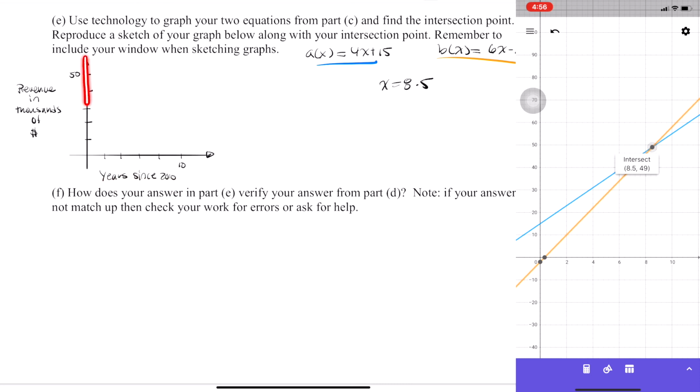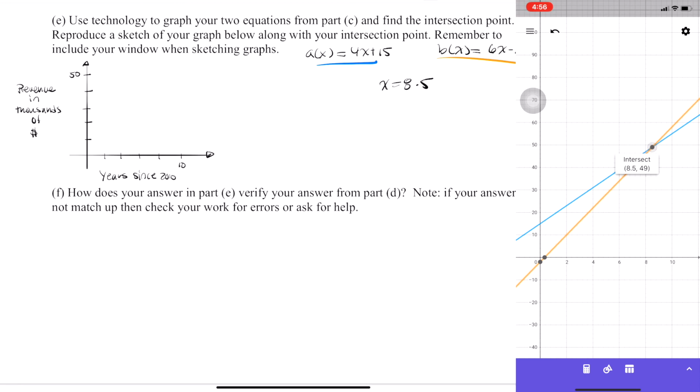The vertical axis, each of these little hash marks represents $10,000, since I can go 10, 20, 30, 40, all the way to $50,000, and I have a label that says revenue in thousands of dollars. And then I made an effort to keep my scale pretty evenly spaced. It's a little bit harder for me to do on my iPad, but on your piece of paper, you should be using a ruler or graph paper to ensure your scale is appropriate.